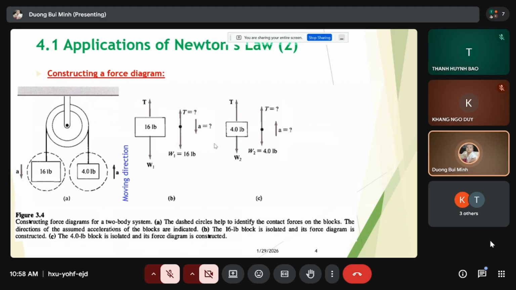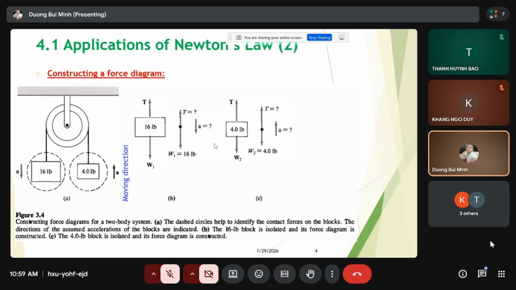Another one. Now we have another system with two objects, as mentioned before. In the same system, we only have one direction of acceleration. If this one is going up, the other is going down. For object 2, the tension force is upward, and the tension force on the other is downward.